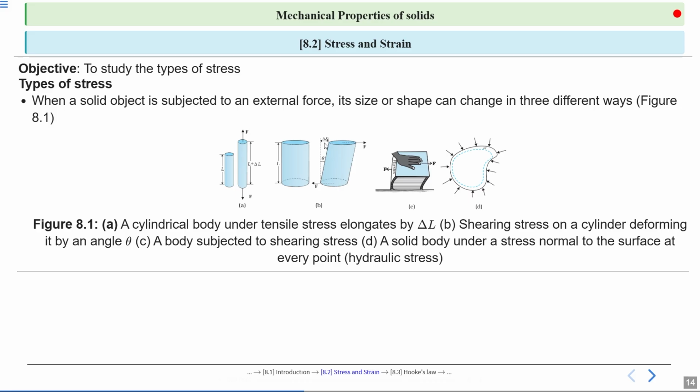Next, shearing stress deforms a cylinder by an angle theta. And third, hydraulic stress occurs when a solid is under stress normal to its surface. Each type of stress affects the material differently, and understanding these differences is important to predicting material behavior under various conditions.